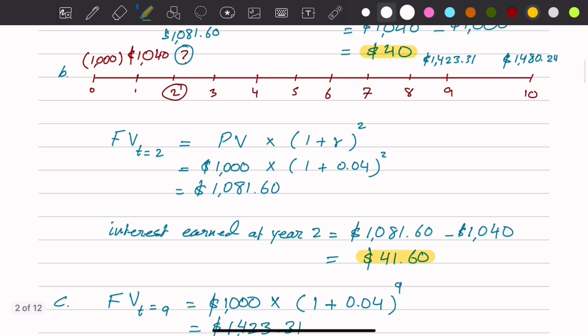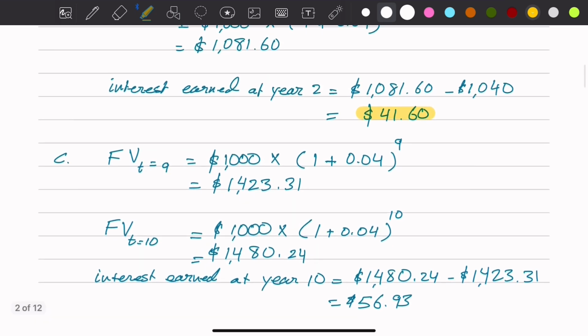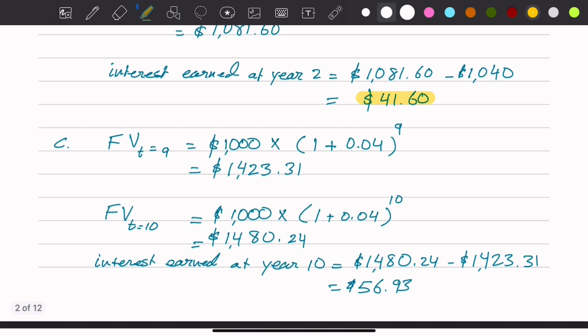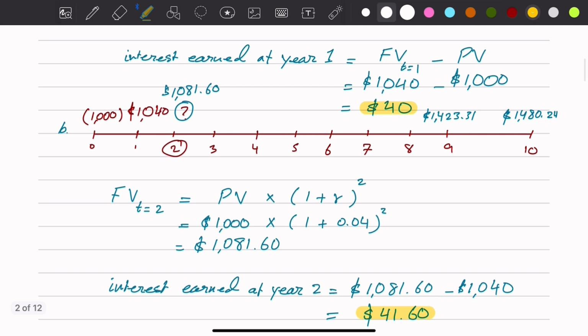So this time, the account did not generate only $40, it generated $41.60 in interest. And then a few years later, by the end of the 10th year, the account now generated $56.93 in 1 year.